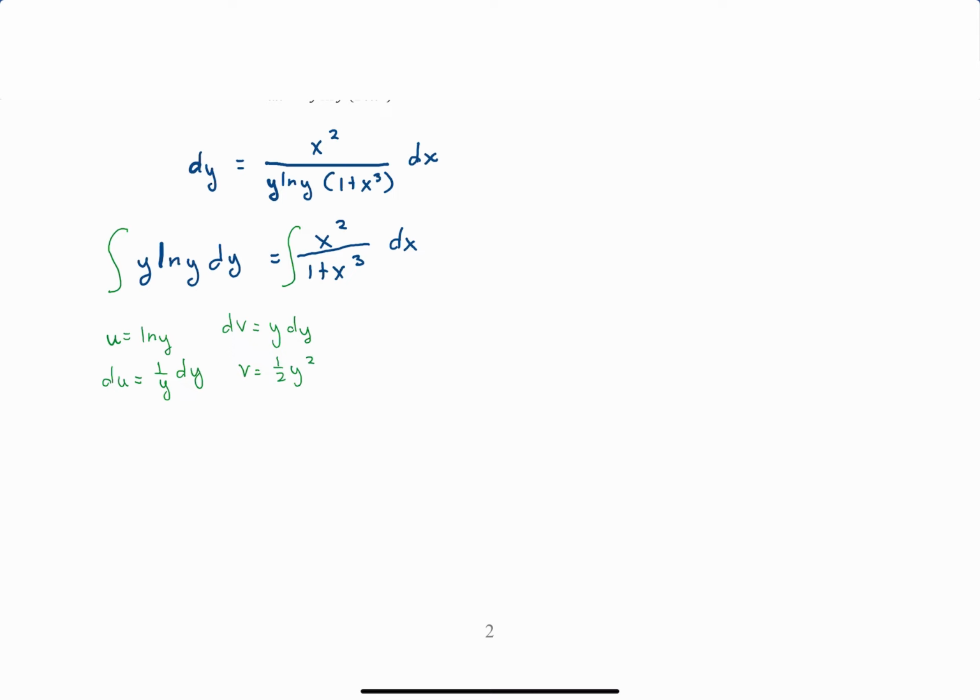And then I have to go uv minus the integral of v du. So uv will be 1/2 y squared ln of y minus the integral of v du, which is 1/2 y squared times 1 over y dy. So at this point I have 1/2 y squared ln of y minus 1/2 times the integral of y dy.